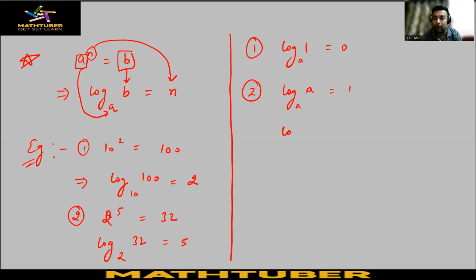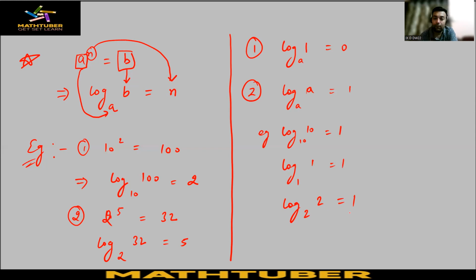For example, log 10 with base 10 is equal to 1. Similarly, log 1 with base 1 is equal to 1. Log 2 with base 2 is equal to 1.